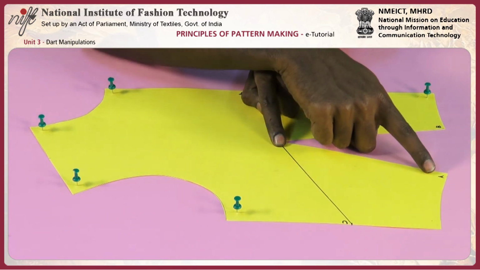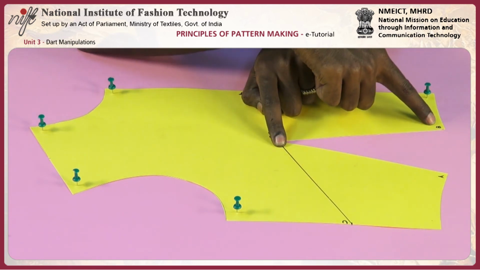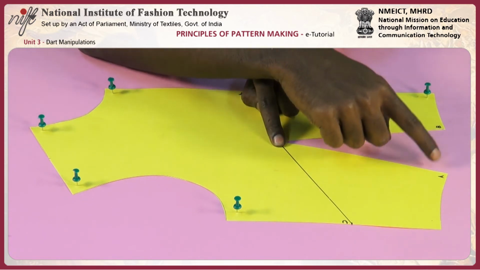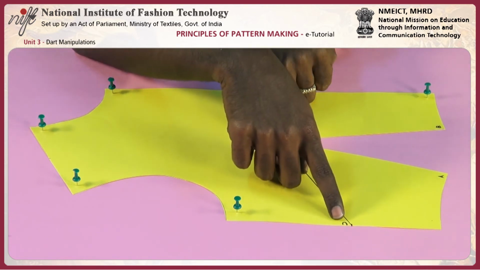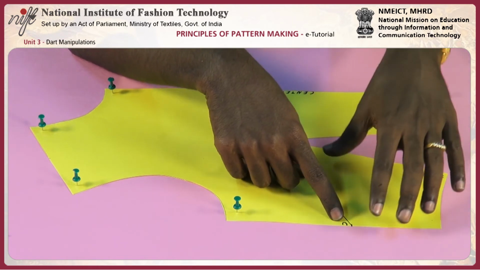Now move the point to B so that the waist dot will be closed, the dot will open at side seam.